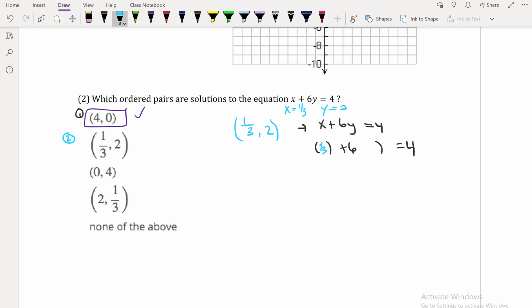So here's my 1/3 and here's my 2 value. I'm going to go ahead and plug this into my calculator. If I were to plug in 1/3 plus 6 times 2 is equal to 4, no, this is about 12.3 repeating is equal to 4. So this does not check out. So now let's try the ordered pair for number 3.